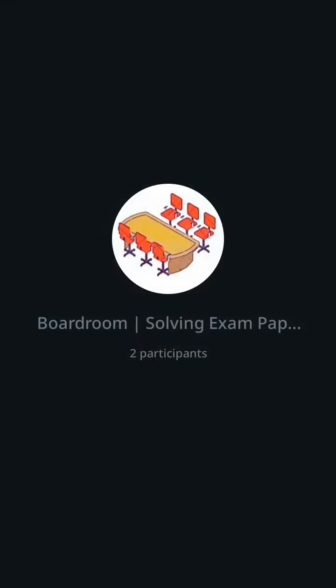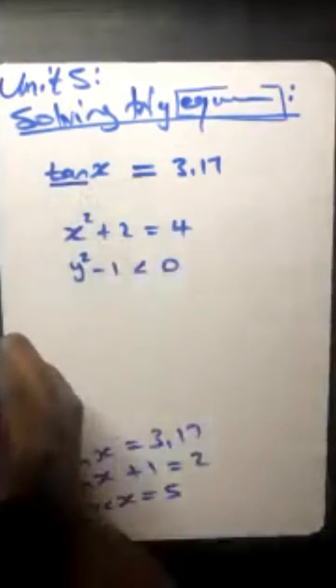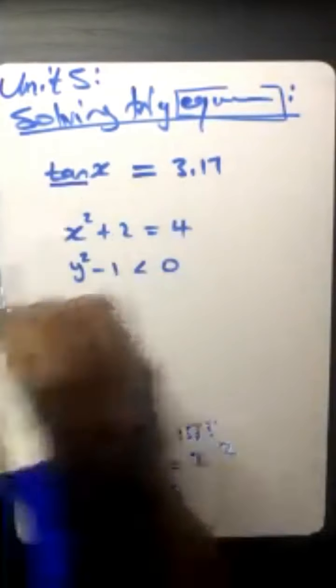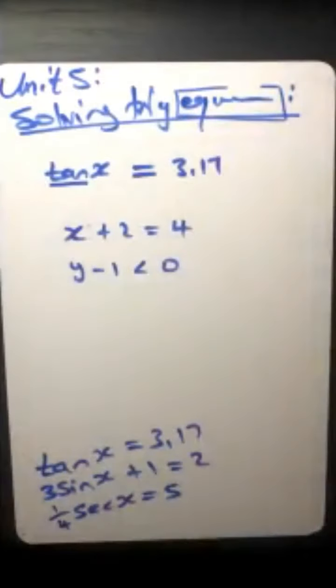So that means we should not be scared about that tan. We just follow the same procedure we would follow when we're solving, for example, this linear equation or linear inequality. So because also this one does not have a square, at the back of our mind, let's just assume it to be a linear trig equation.